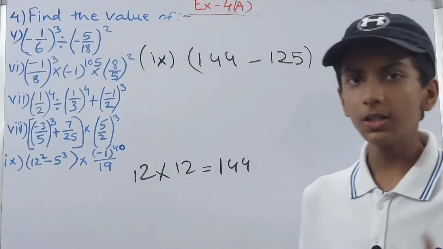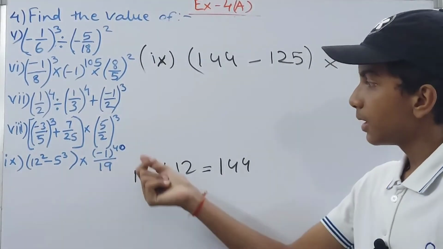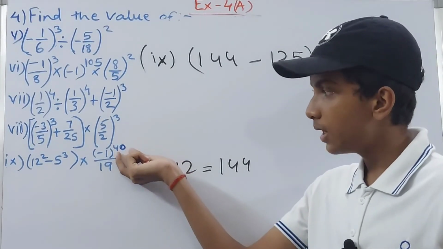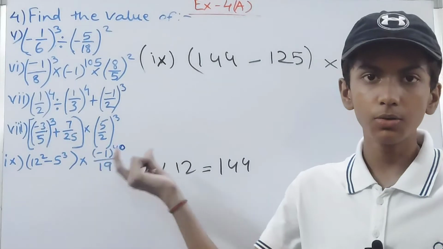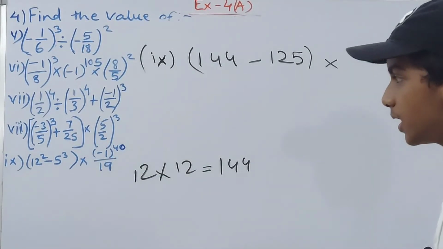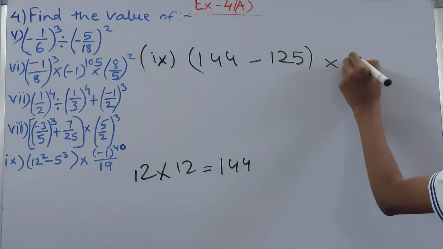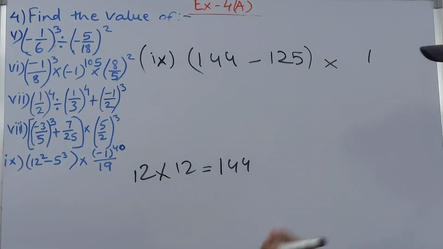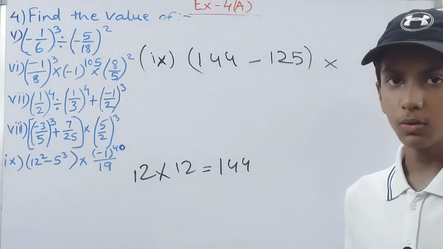Here you see one thing closely, that this fraction is not written in brackets. So this means that this power 40 is only attached to this minus 1 in the numerator, not to 19. So what will we have here? We'll have basically 1. Why? Because 1 to any power will be 1, and you see that our power is even, so we will not put a minus sign.